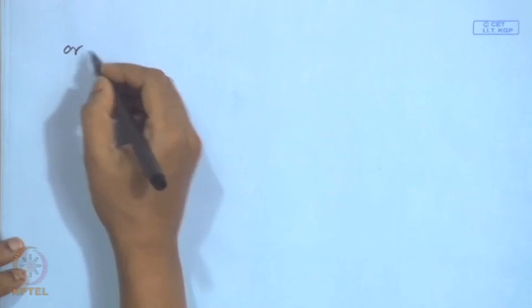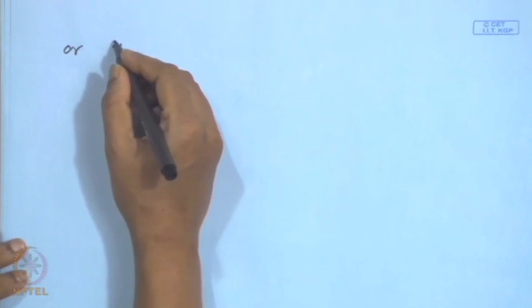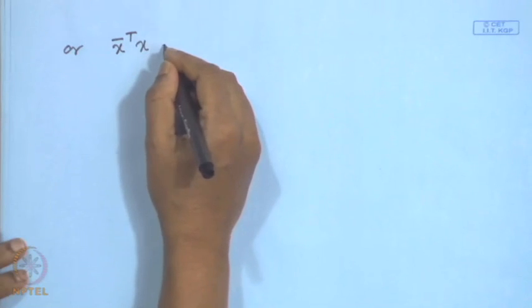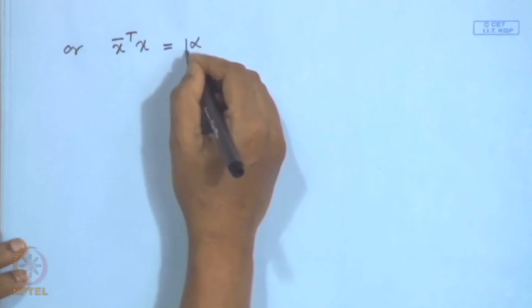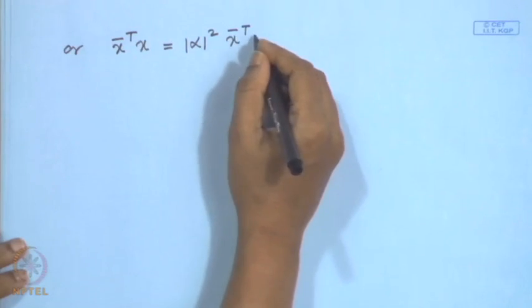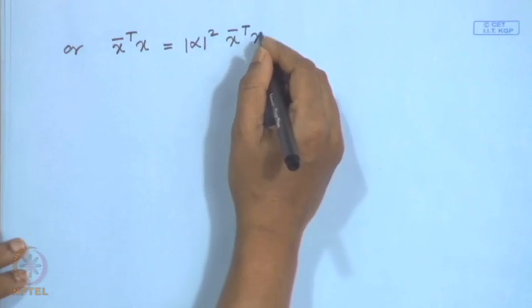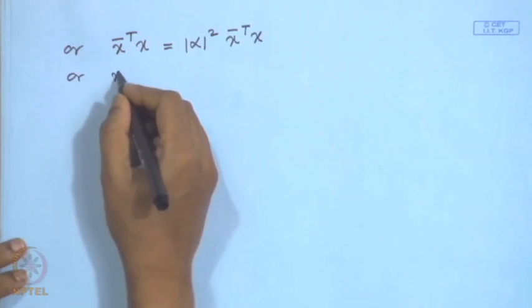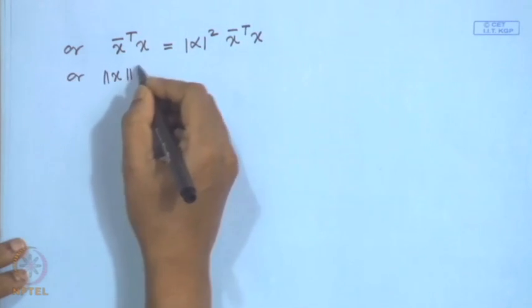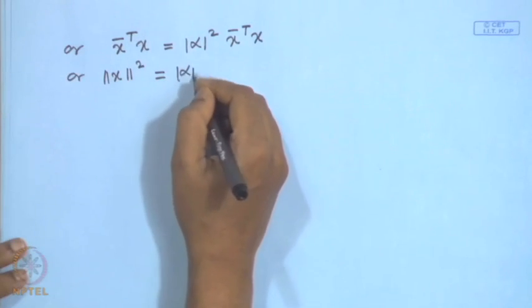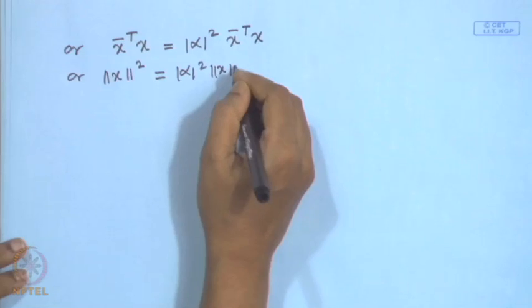So, we get x conjugate transpose x is equal to mod alpha square times x conjugate transpose x. Of course, this is the norm of x square, so the norm of x square is equal to mod alpha square times the norm of x square.